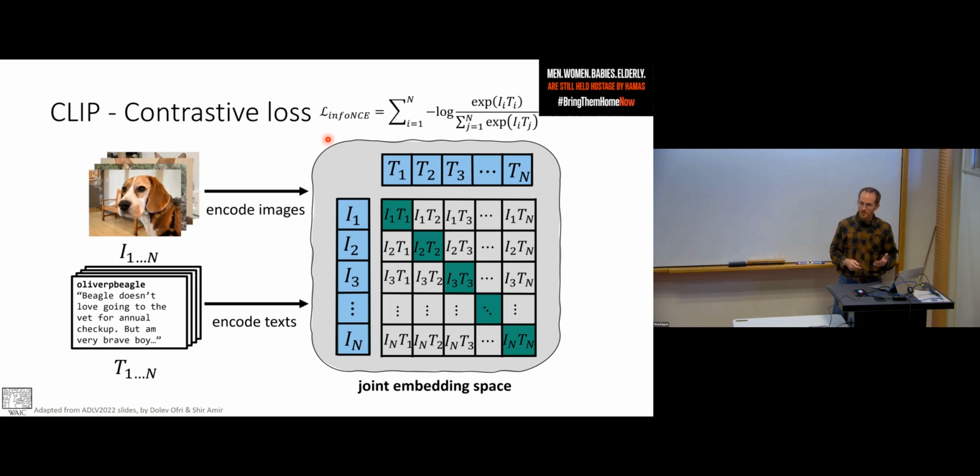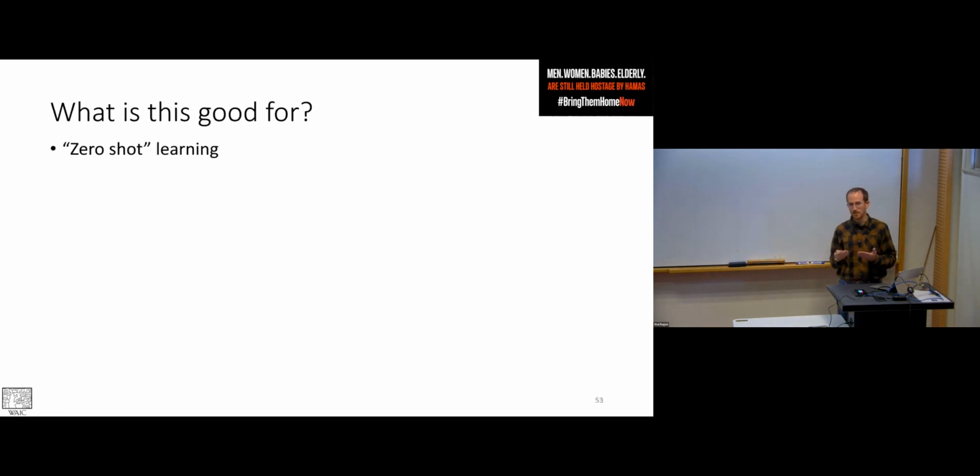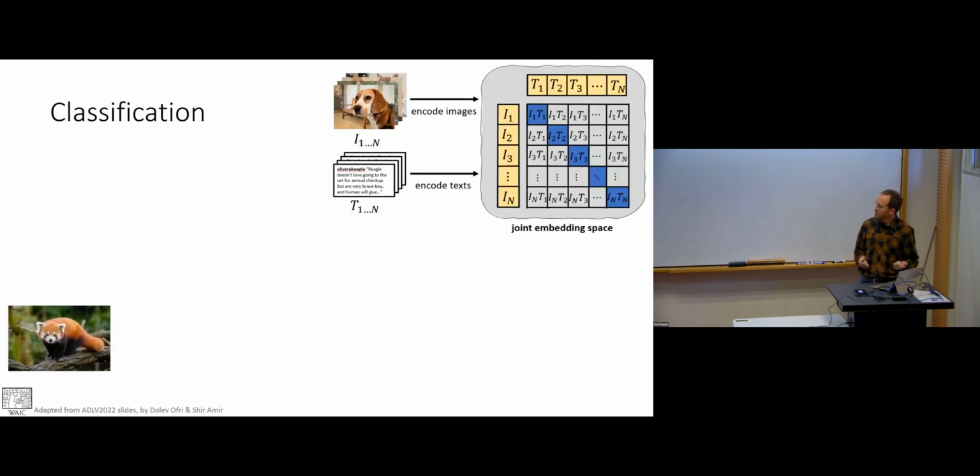So they trained it. It's a very successful model, it's very useful. What is it good for, what can you do with this kind of model? We can do zero-shot learning, for instance. We have a new image, we want to classify it.